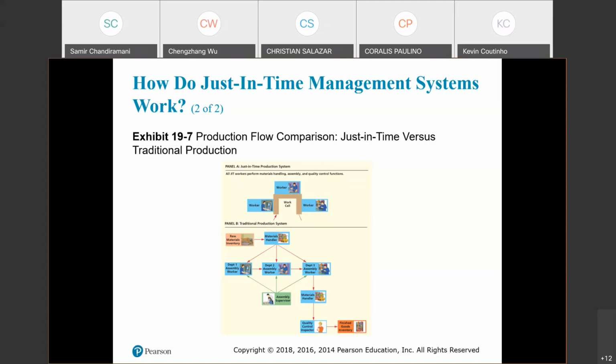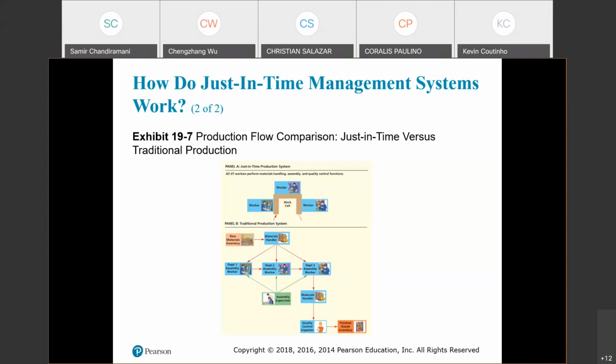So this demand pull system extends back to the suppliers of raw materials. As noted previously, suppliers make frequent deliveries of defect-free materials just in time for production. Purchasing raw materials to meet customers' demands for final products reduces inventory.